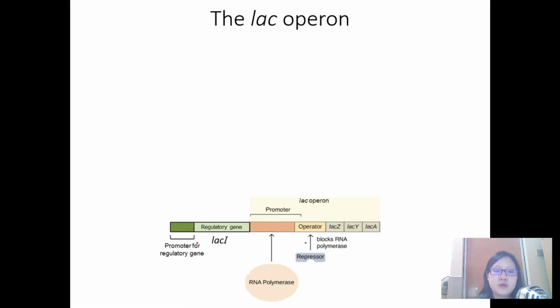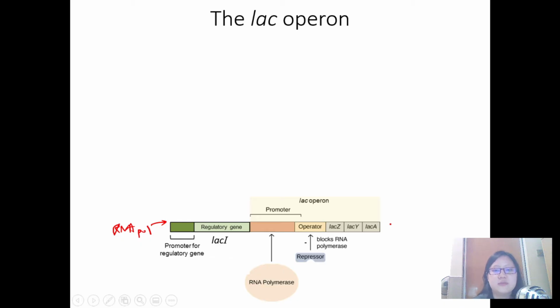There is a regulatory gene here, and it has its own promoter, where the RNA polymerase binds. Then there's the lac operon nearby, which also has its own promoter, its operator where the repressor binds, and lac Z, lac Y, and lac A. These are names you have to remember: lac Z, lac Y, lac A.